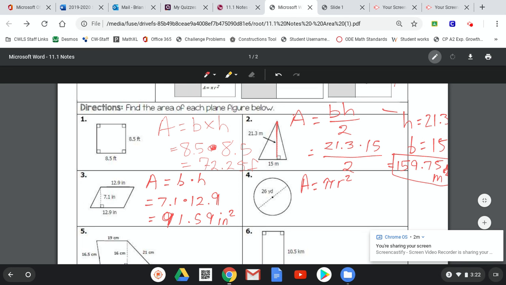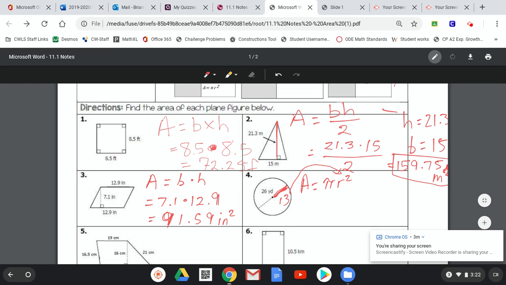How do we find the radius? We divide by 2. We take 26 divided by 2, and that gives us 13. So our radius is 13, and we plug 13 in for r.